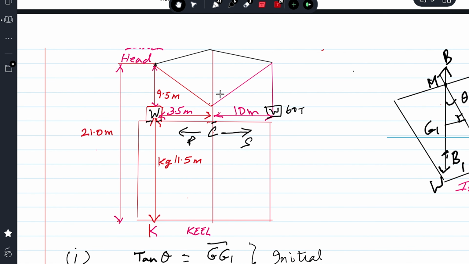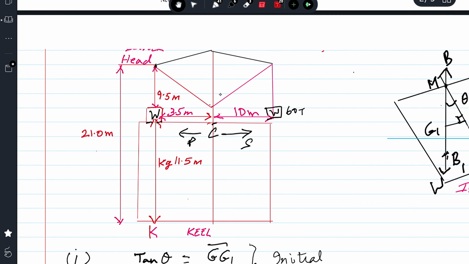The cargo is now 10 meters from the center line. The outreach of the derrick from center line is 10 meter. Cargo was 3.5 meter on the port side. It has now shifted 10 meter on the starboard side. So total shift will be how much? 3.5 plus 10.